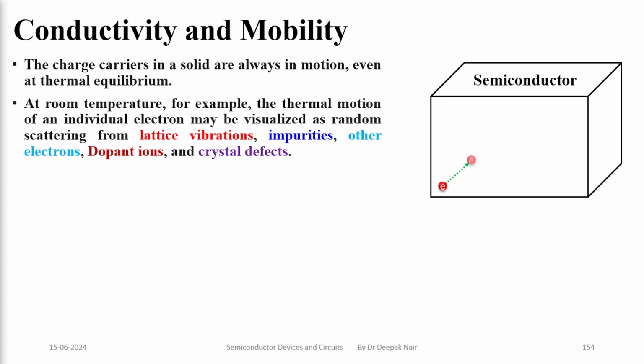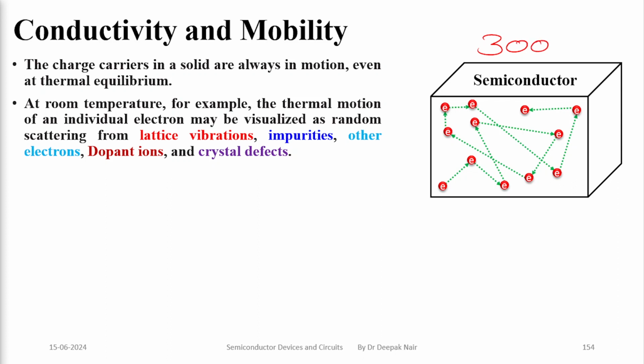If we want to visualize, remember, the electron is always moving randomly from one point to another point, and this motion is totally random. We cannot have a certain path for the electron provided the semiconductor is above 0 degree Kelvin.